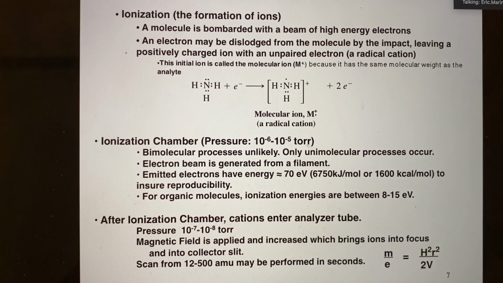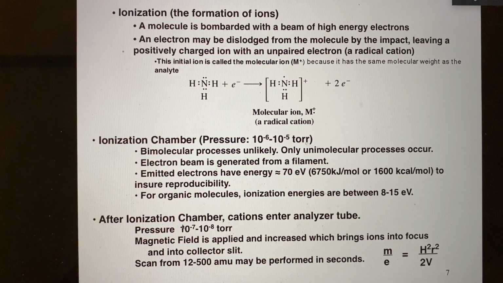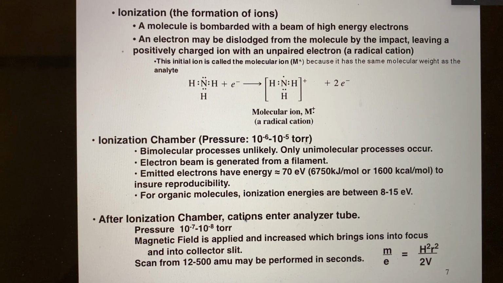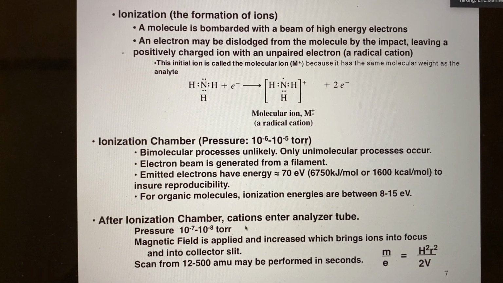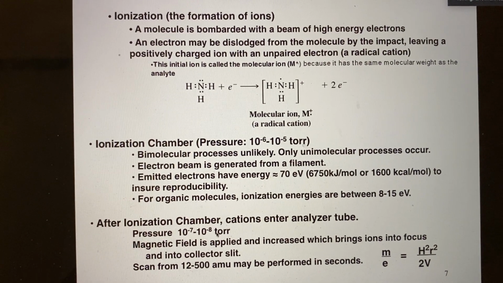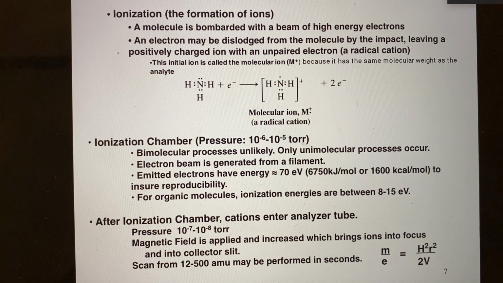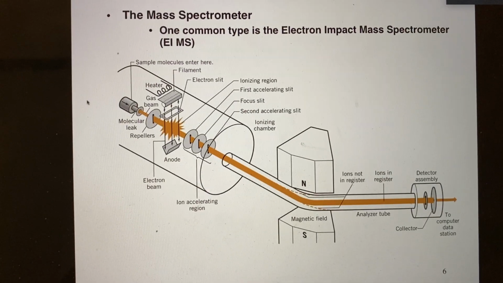But before I go into that, let me just say, now that we have this, after the ionization chamber, cations enter that analyzer tube, okay? Recognize I lower the pressure even further. Why? Because I'm using a pressure gradient to basically go from here over here.